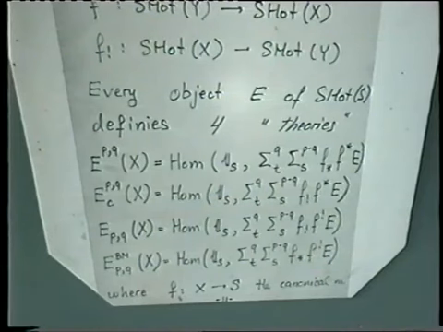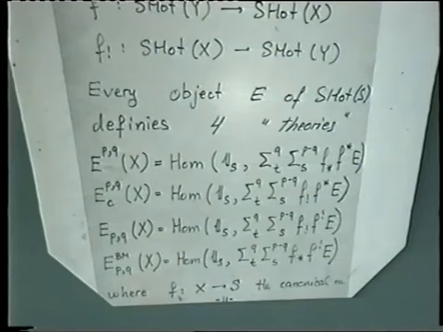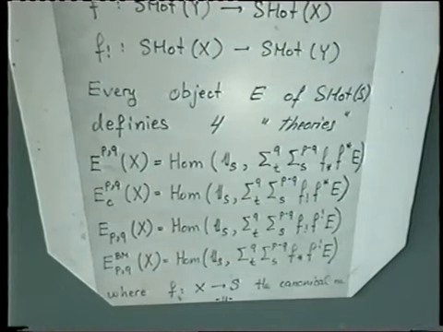Now, this category of spaces has all limits and colimits because it's a category of sheaves. And an object in SH is a spectrum. It's a sequence of these spaces together with maps from the suspension of the n-th to the n plus first. And the suspension is given as a smash product, which is easily defined for these spaces, with the projective line.